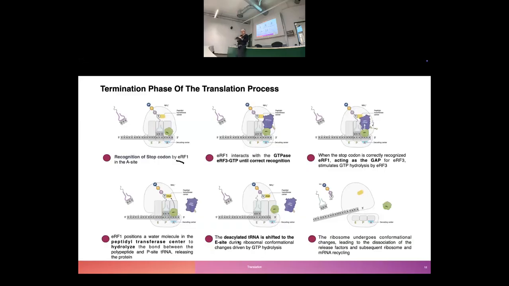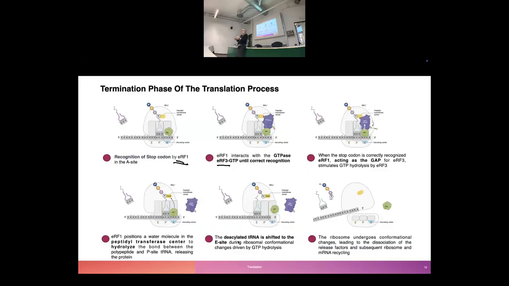The eRF1 is the protein interacting with the stop signals. The G protein is eRF3. And just to be sure we don't get confused, I added GTP. Okay, so since it is bound to GTP, this one is a G protein.